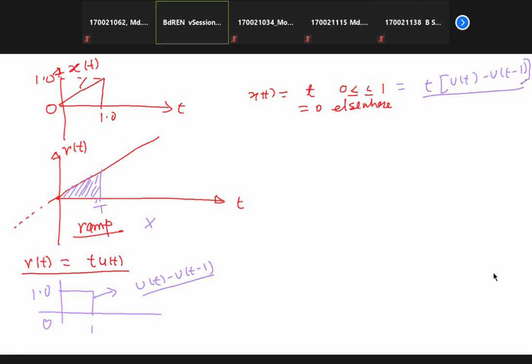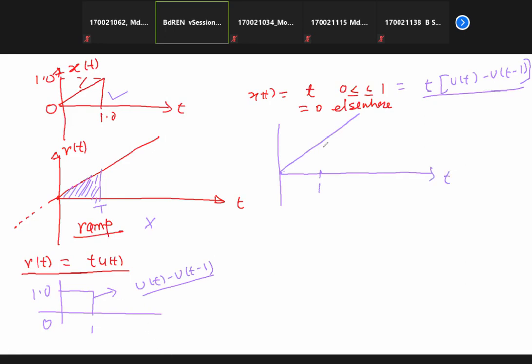But we may have some other ways to do it, okay? Consider this thing, okay? I will be giving some hint, but the rest of the things should be done by you. So this is our ramp. In order to prepare this pulse, how can we do that? Consider this is 1 time unit.